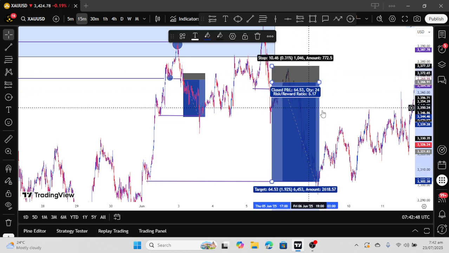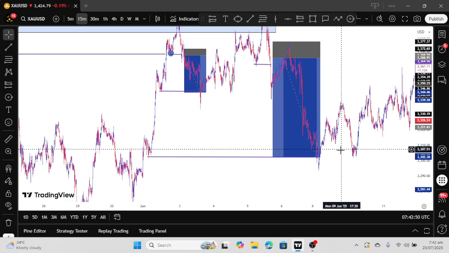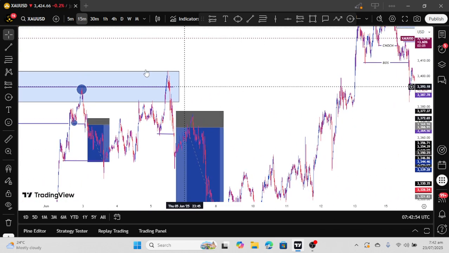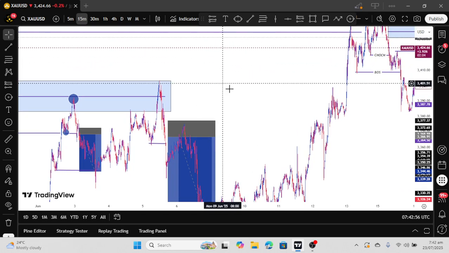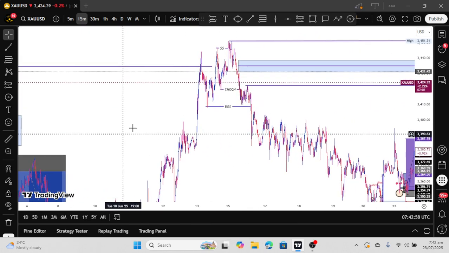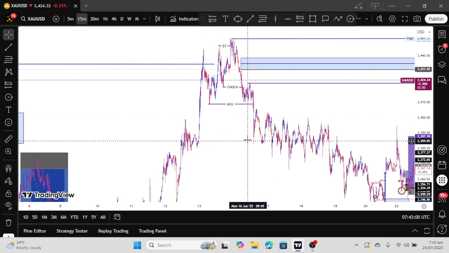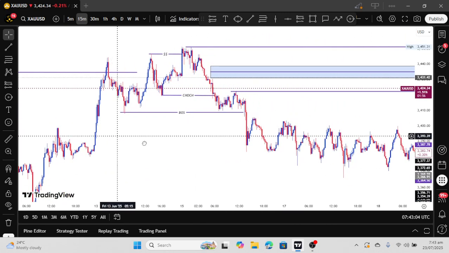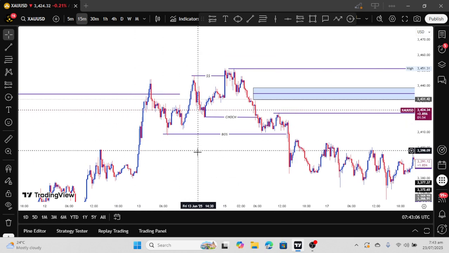So we have another 1:6 here. So before the zone breaks, once the zone breaks, it's invalid. So it's invalidated. That's the reason why I'm still here doing what I've done there. I'm just coming to repeat what I've done there.